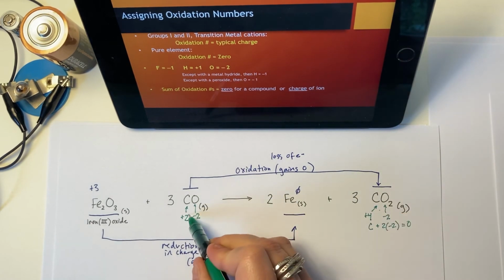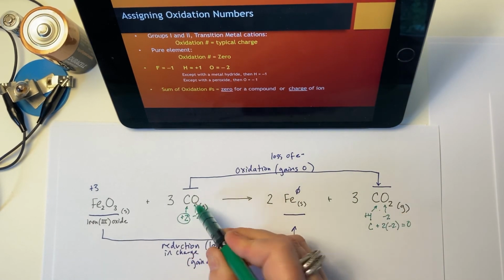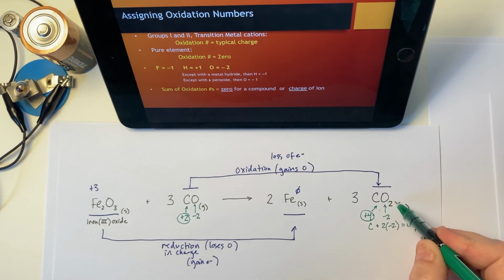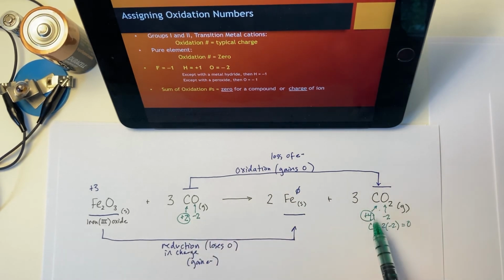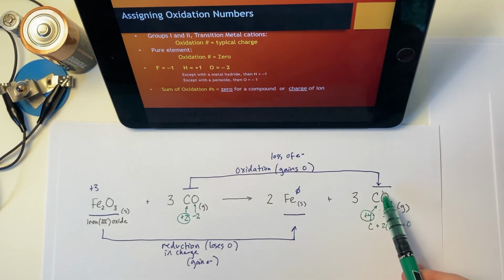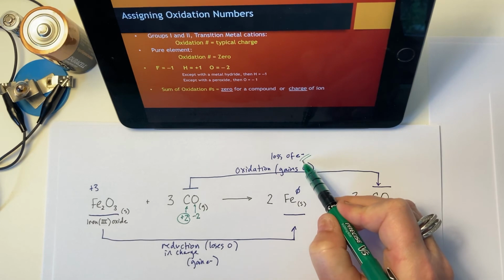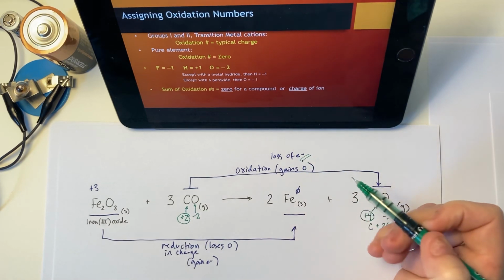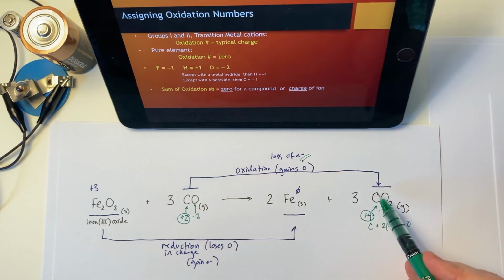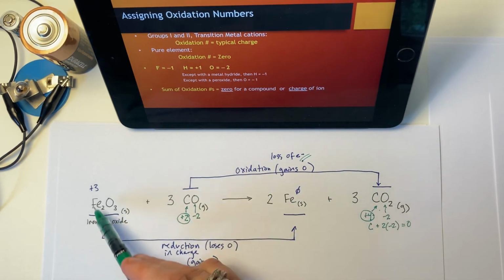So we go from a +2 of this element within carbon monoxide to a +4 of carbon within carbon dioxide. +2 to +4. Yes. That is definitely an increase in positive charge, which means it's losing negative. Look at that. Oxidation increases charge. Reduction reduces charge.